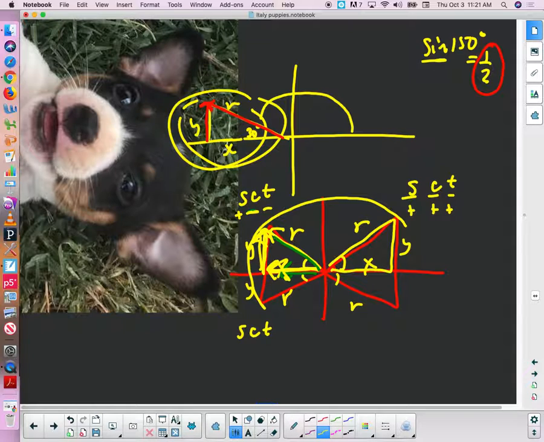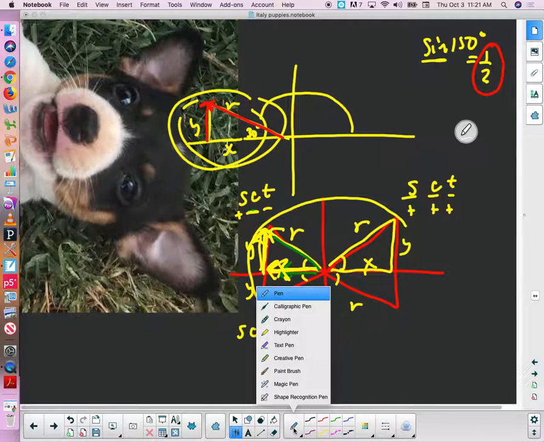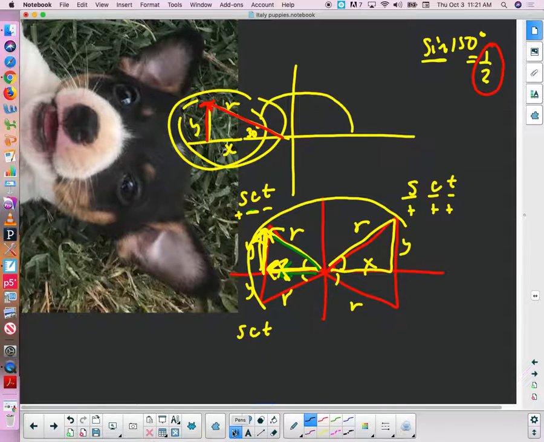In the third quadrant, sine is y over r.